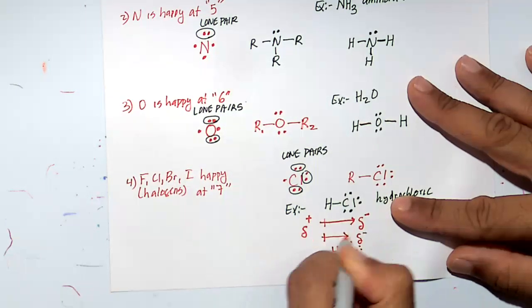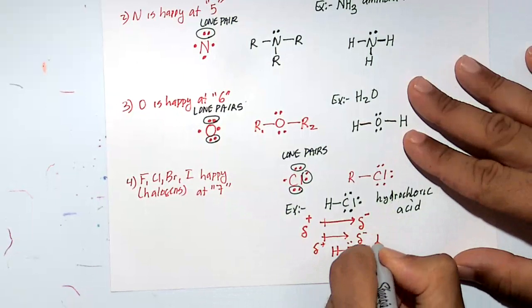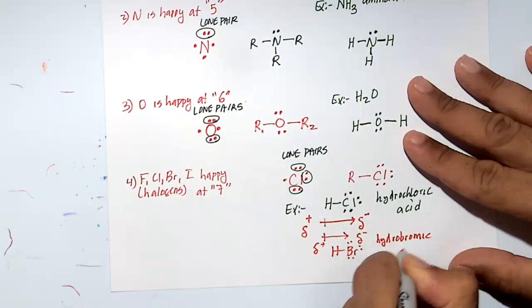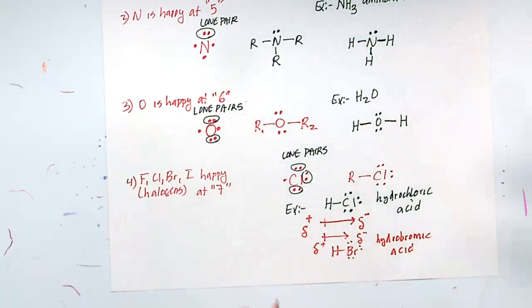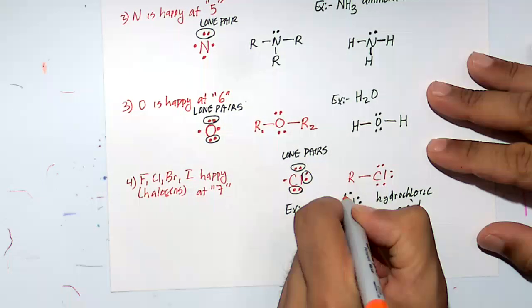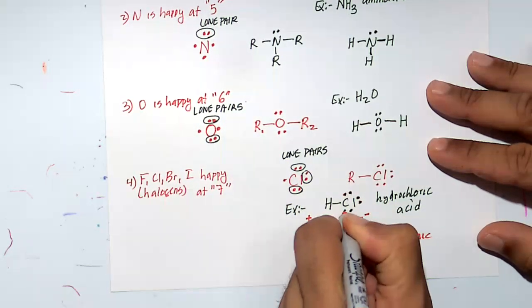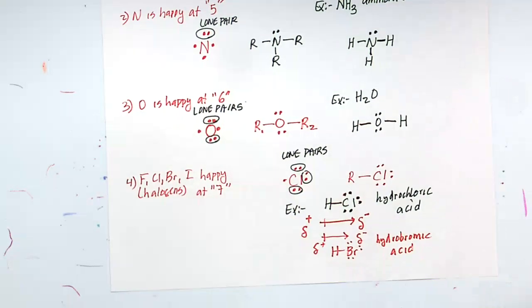It's not an equal bond. Okay, so some examples of covalent molecules. Get ready to count with me. 1, 2, 3, 4, 5, 6, 7. So halogens are going to be happy at 7.